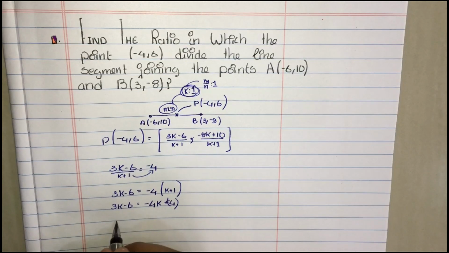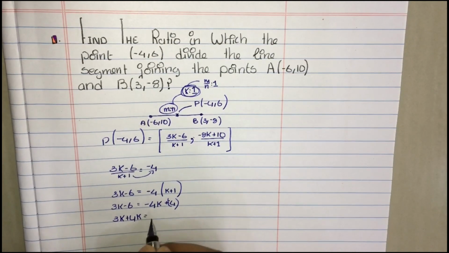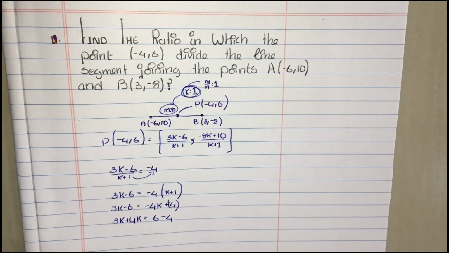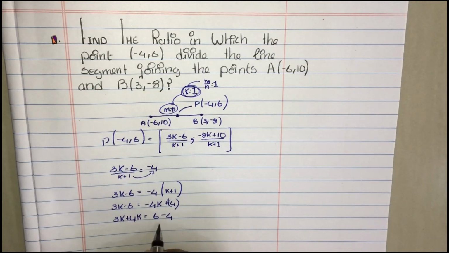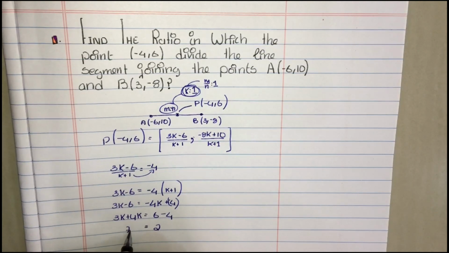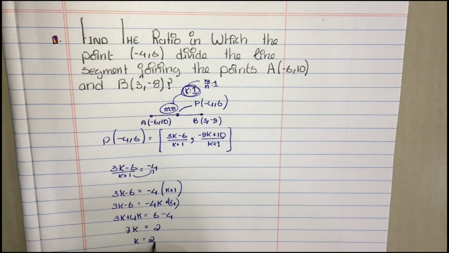So let's bring this side. 3k plus 4k is equal to 6 minus 4 taken to this side. So 6 minus 4 is 2, and 3k plus 4k is 7k. 7k is equal to 2, so k is equal to 2 by 7.